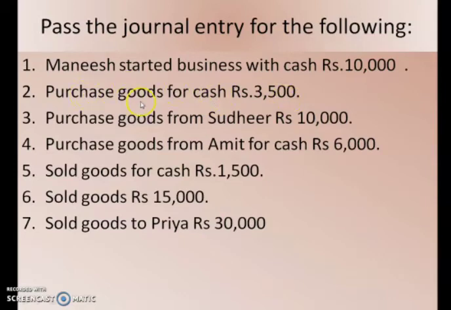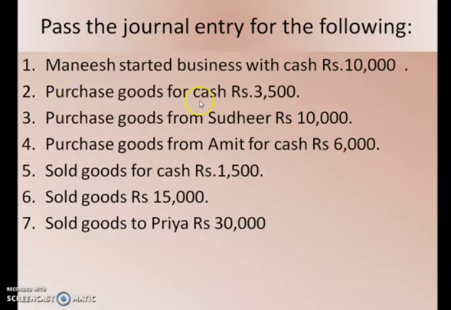It is a very important thing which you have to note down here: goods. When you are purchasing, there is no such account like goods account. So you will not record like goods is coming in. You have to make an entry for purchase. So purchase will be debited here.